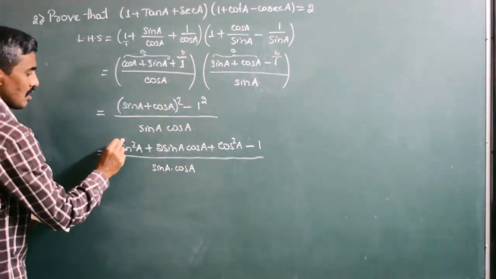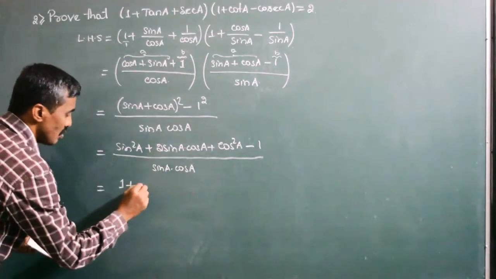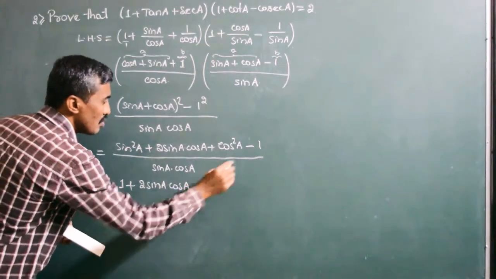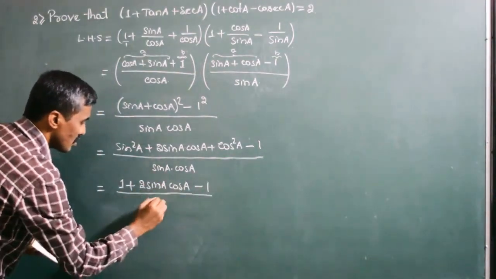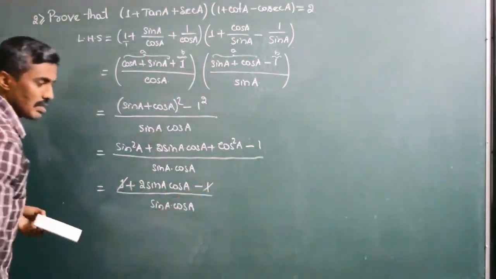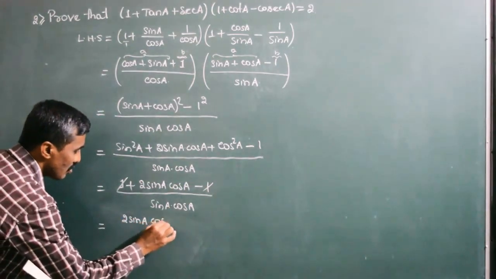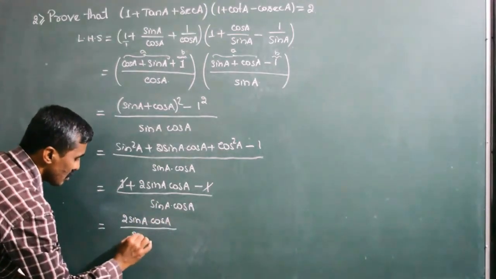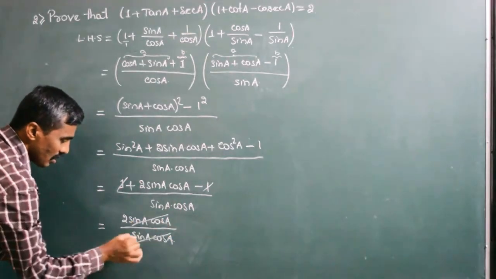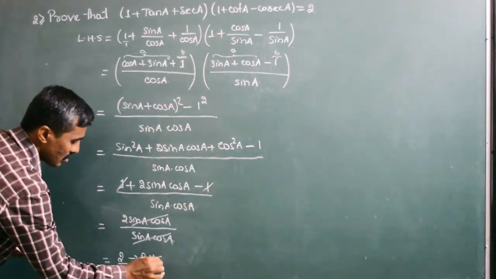Next, what is sin square A plus cos square A? It is 1. So we have 1 plus 2 sin A into cos A minus 1, whole divided by sin A into cos A. So plus 1 minus 1 get cancelled, and the remaining term is 2 sin A into cos A divided by sin A into cos A. Sin A cos A get cancelled, the remaining term is 2, that is our required RHS.